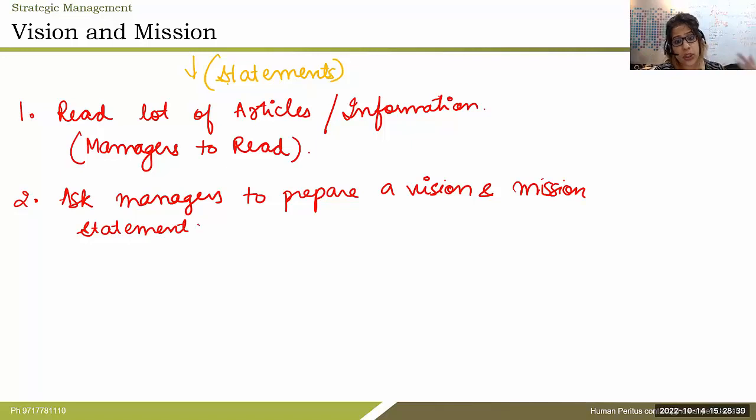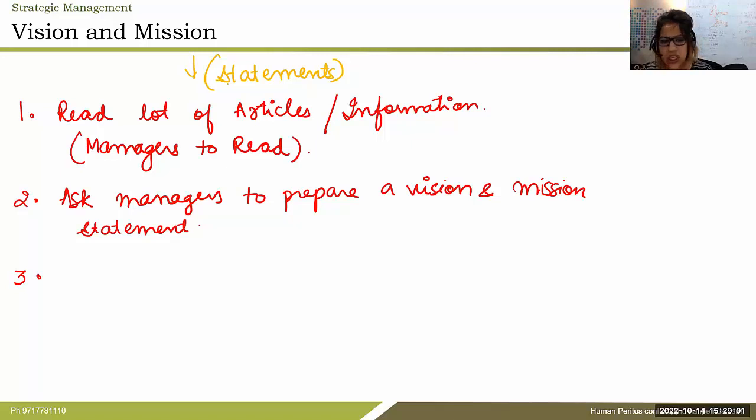So if they want to prepare a mission statement, they will make sure that the mission statement includes our values, our beliefs, our philosophies. If they want to make a vision statement, they will look for a statement that talks about where we want to be in the future. So you ask the managers to prepare a vision or a mission statement.